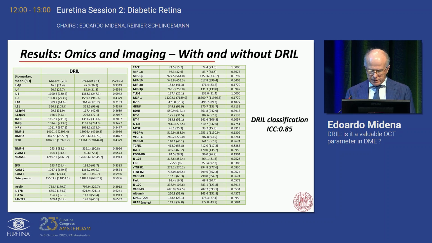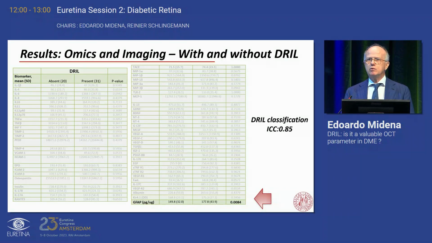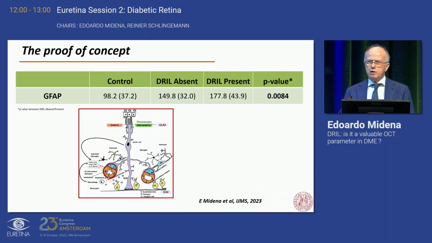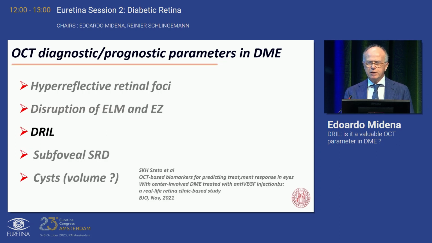But through a multivariate analysis, the surprise was that the only difference we found inside the eye biologically between no DRIL and DRIL in DME eyes is the concentration of GFAP. The concentration of GFAP depends on the hyperactivity of the Mueller cells. No other stories, no inflammatory biomarkers.